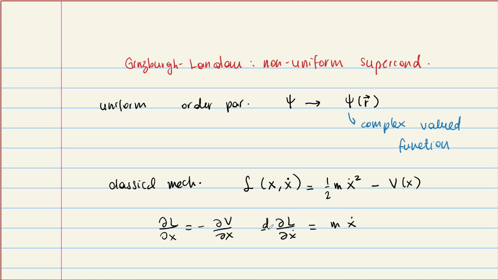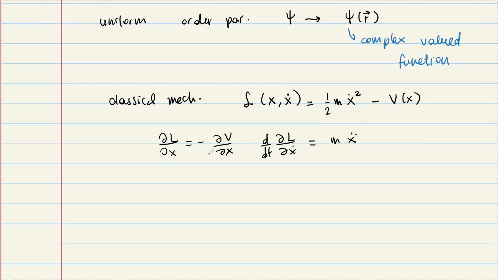And if you take the derivative d dt, it is m x double dot. And this Euler-Lagrange gives you m x double dot is equal to minus del V del x. And what is that? That's Newton's second law, right?